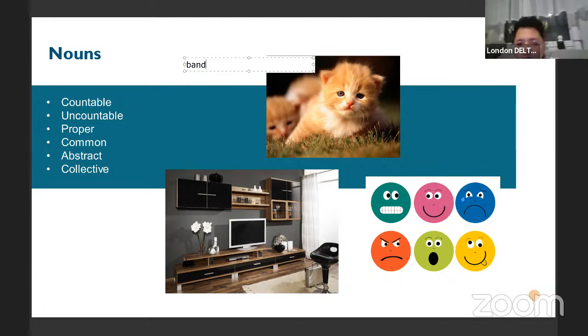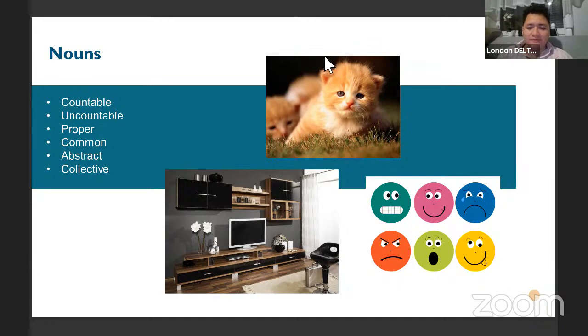So the word is singular, but the meaning is something collective, something plural, right? It's singular because you have band, or you can have bands, but the word is singular, but with one, you mean like many of them. Well, so those are the nouns.